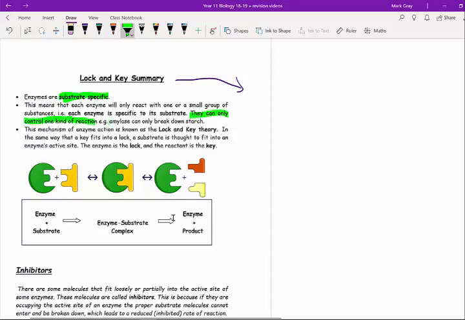So, for example, amylase can only break down starch. This is known as the lock and key theory, which basically means that the way only one key can fit in a certain lock, only certain substrates can fit into an enzyme's active site. That bit there is really important to summarise and learn.